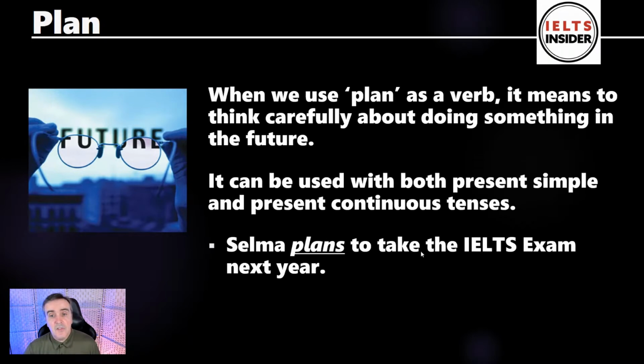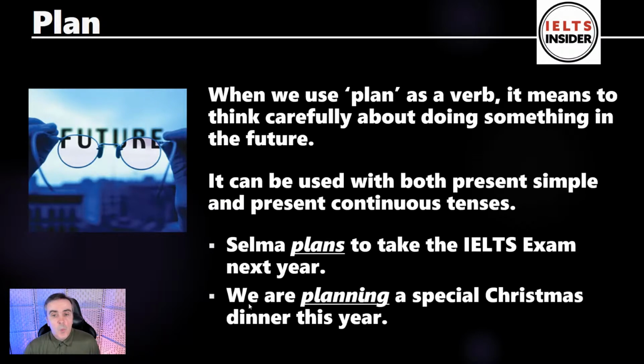We are planning a special Christmas dinner this year. Again, we are thinking about it. We haven't finished the plans. We're still thinking carefully about doing this. So the word plan, that's what we use it for. We're thinking about something.